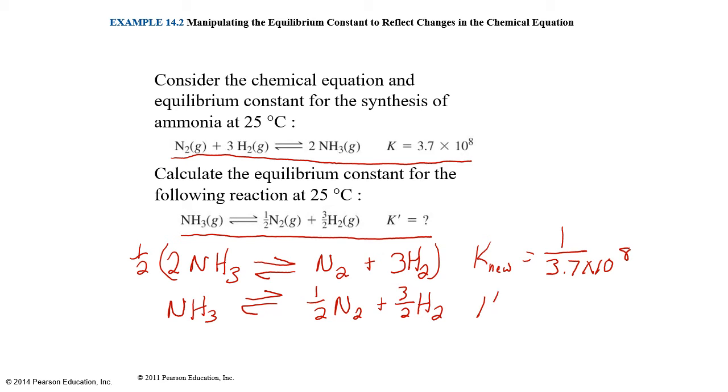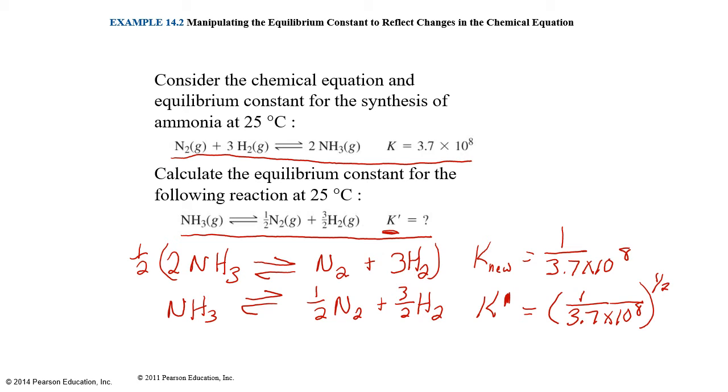Which means that in our equilibrium constant expression, K prime, meaning the new one, which is the notation we were given, we have to raise our expression to the power of the same coefficient, which is 1/2.